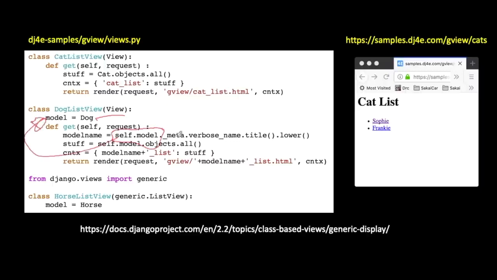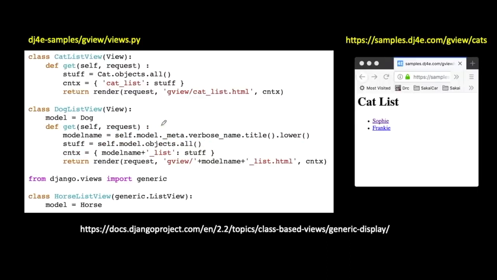And this little meta verbose underscore name title to lowercase, you can figure that out by yourself by going to Stack Overflow eventually. That's how I figured it out. I wanted to get a lowercase version of the model name. So the model's name is a string DOG, which is not the same as the dog model. Model name is going to be lowercase dog. But if model is cat, then model name will be lowercase cat in this bit.